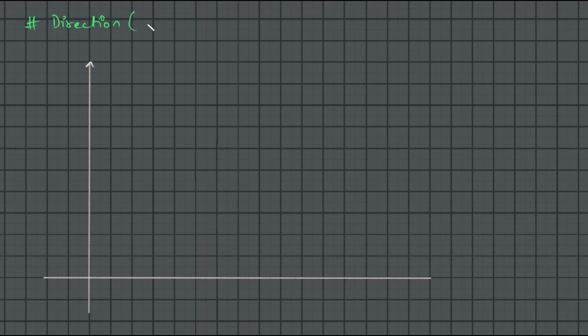Actually, we'll get to see the direction of velocity and acceleration. Actually, we will get to see both of them. So let me consider a particle moving some way like this. And we'll consider 2 points. Say point 1 is over here, point 2 is somewhere over here.